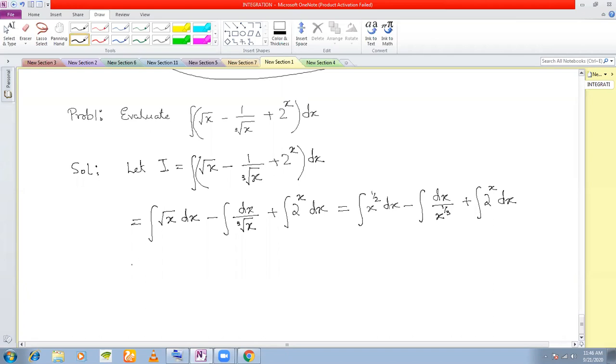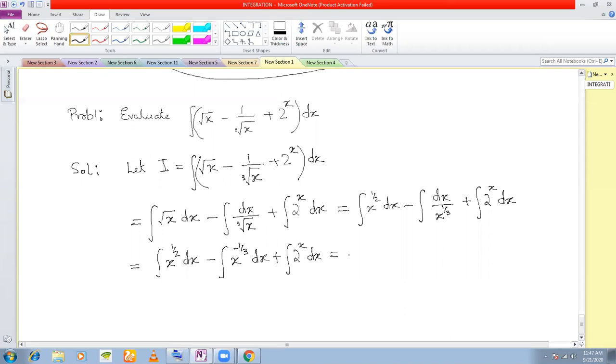Next, you write integral x to the power of half dx, and the second one, 1 by x to the power of 1/3, can be written as x to the power of minus 1/3 dx, plus integral 2 to the power of x dx. Now we'll integrate.